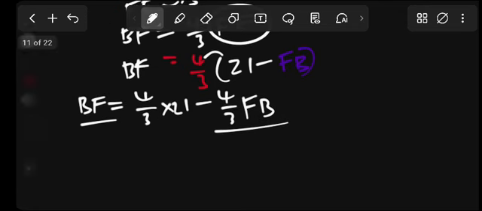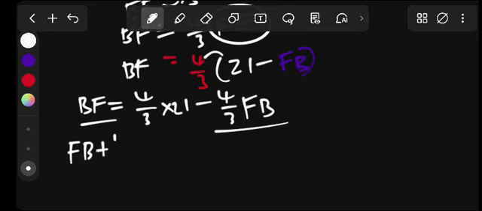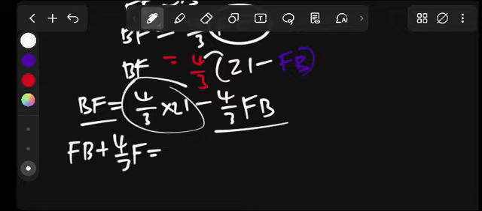If I take that to the other side, plus 4/3 will be positive, FB this side. 4/3 multiplied by 21 will be 28.